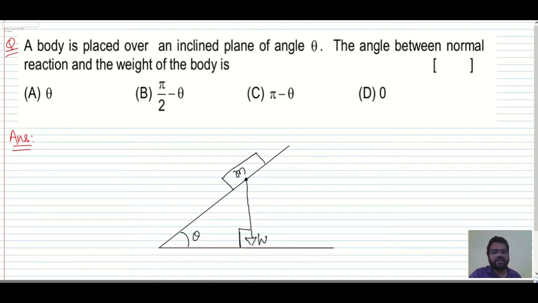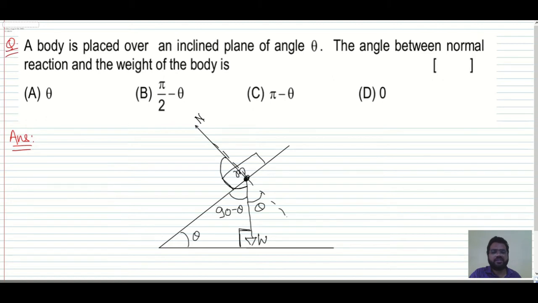This angle we have is 90 degrees, so this angle must be 90 minus theta. Then this is normal on it, and this angle we can say it as theta. This angle we can say it as theta. So over here, this is the normal we have. As you can see, this is the normal. And this is the W we have. So total angle is 180. So what is this angle?